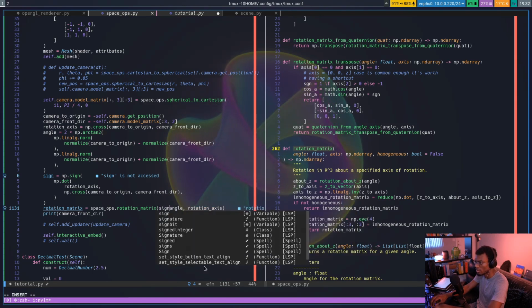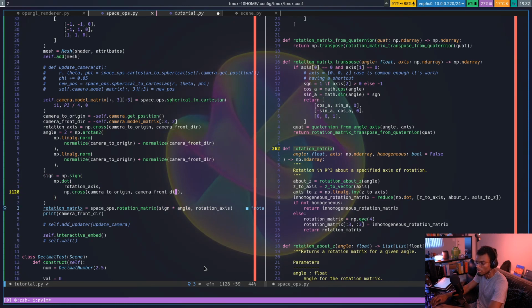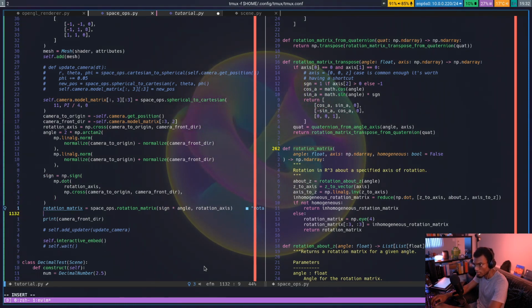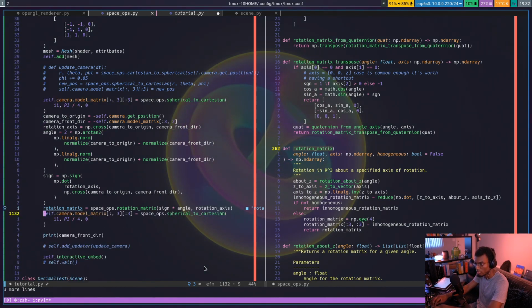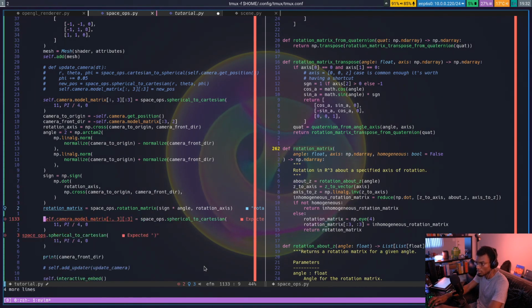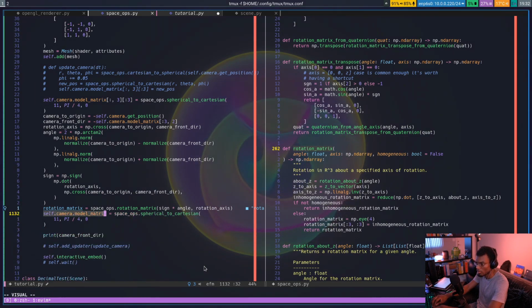I'll multiply this by the sine. And then the camera's model matrix, I'll multiply, hopefully, by this rotation matrix.